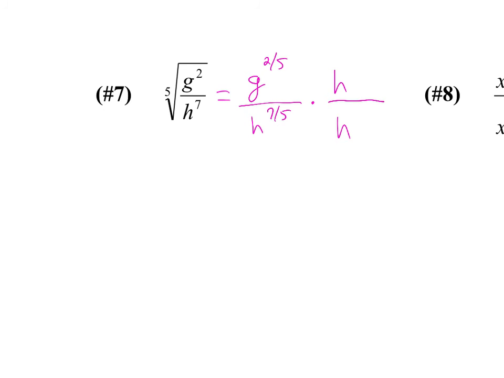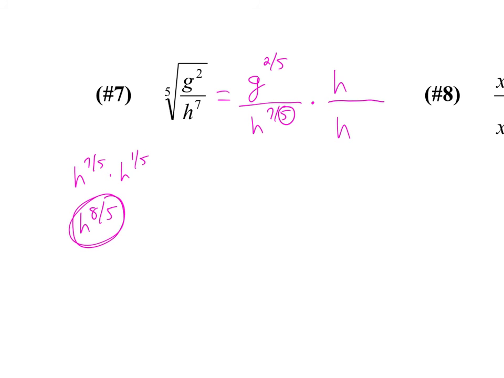We need to multiply by a rational exponent that's going to complete the 7/5 and make it divisible by the root, which is 5, okay? Because if I do h to the 7/5 times h to the, I'm just going to make something up here, 1/5, I'm going to add the exponents and get h to the 8/5, right?